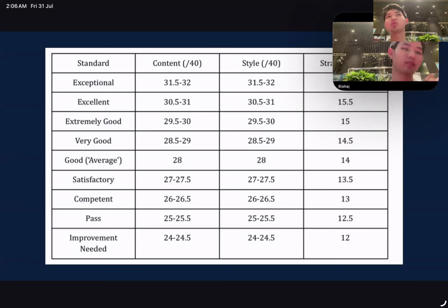And lastly, 20% is towards your ability to approach the debate itself, which is something the judges will usually know from the get-go. So based on the rubric itself, that is how things are.